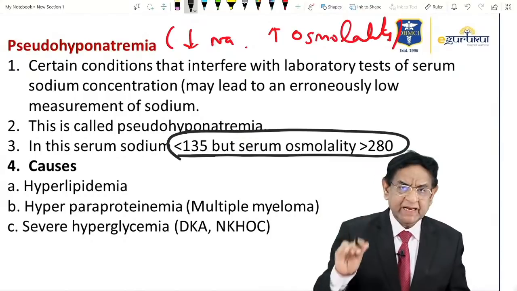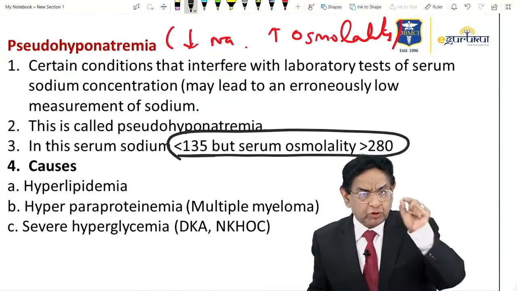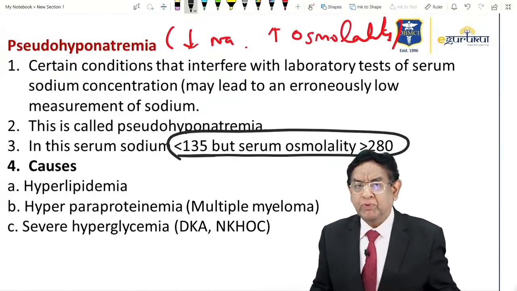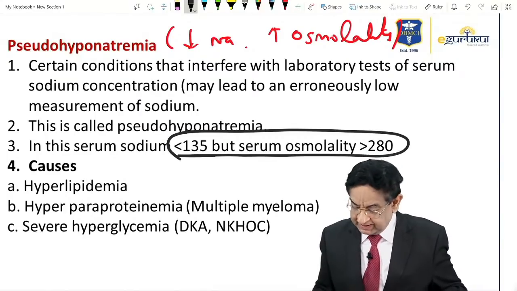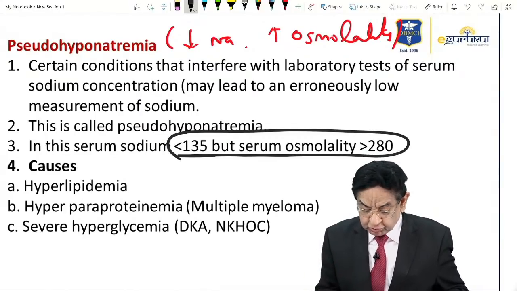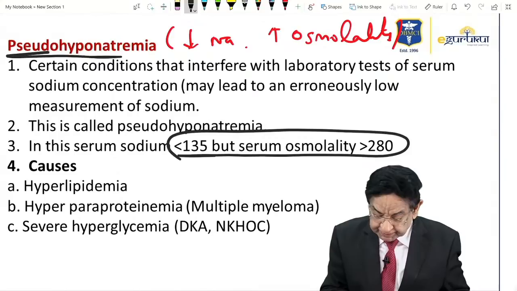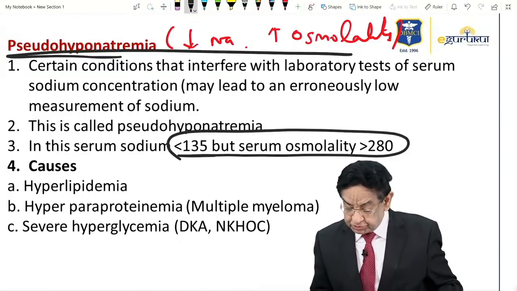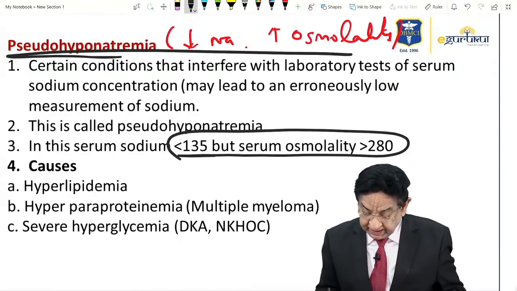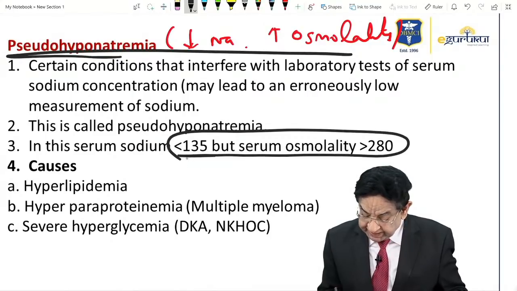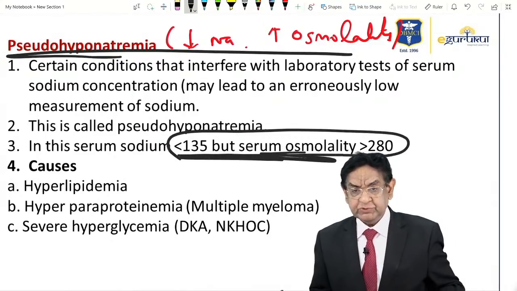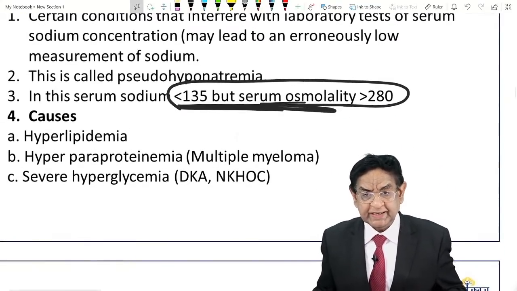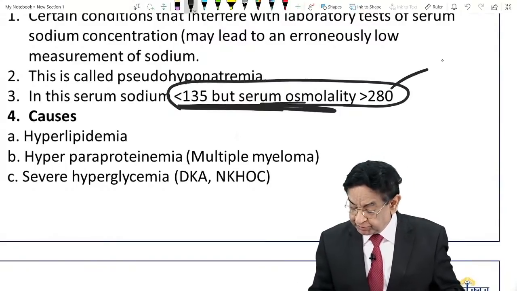At the same time, I told you there is one entity where the sodium is reduced but osmolality is increased. So this is so-called pseudohyponatremia. This is seen in hyperlipidemia. Remember, the criteria: serum sodium reduced and plasma osmolality increased. Write down, I'm going to explain to you.